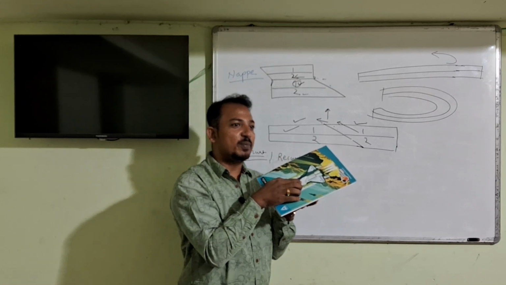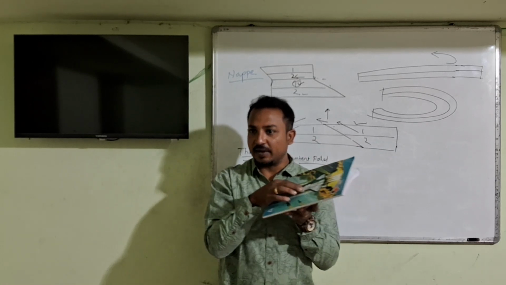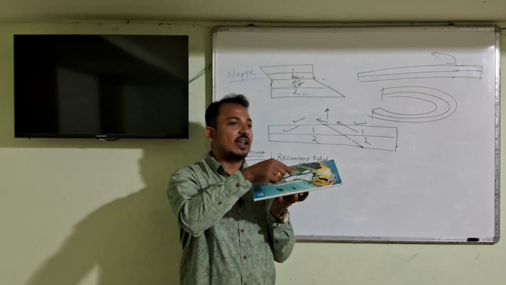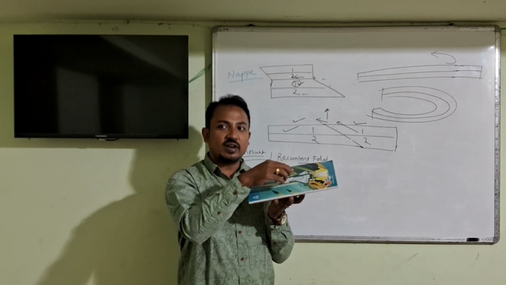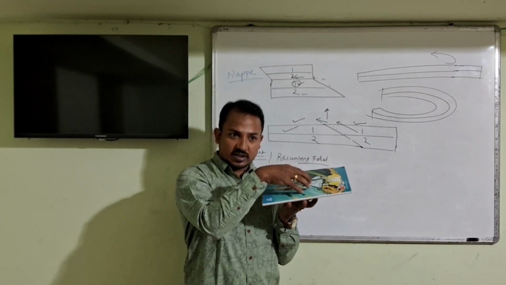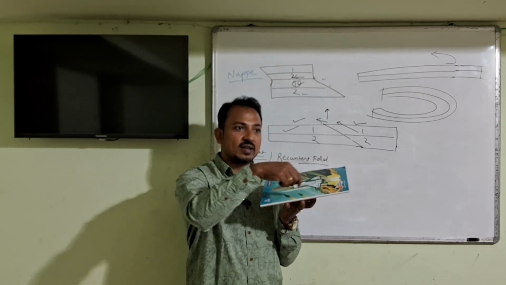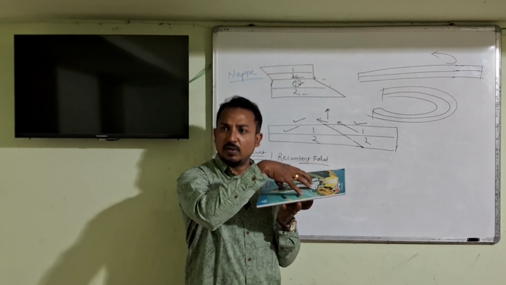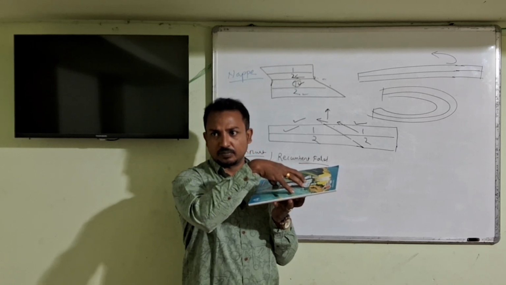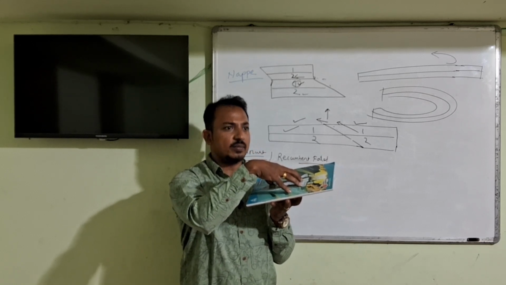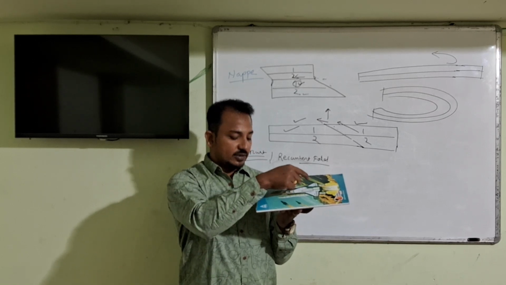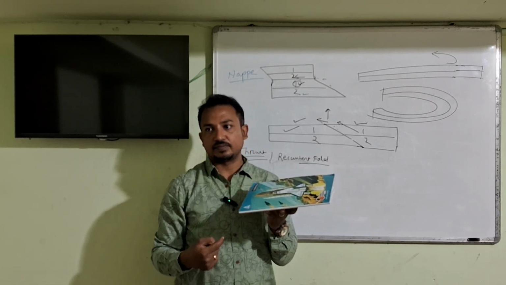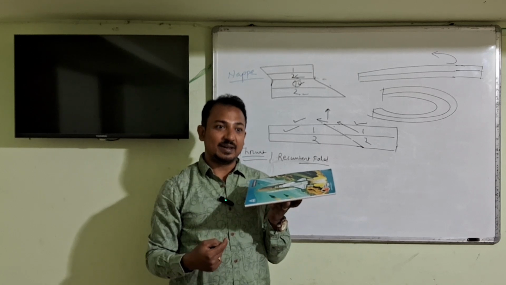So it is called your klippe. A klippe is an isolated outcrop of the thrust sheet surrounded by rocks from the footwall. So this will be the older and it is surrounded by younger. This is called your klippe.